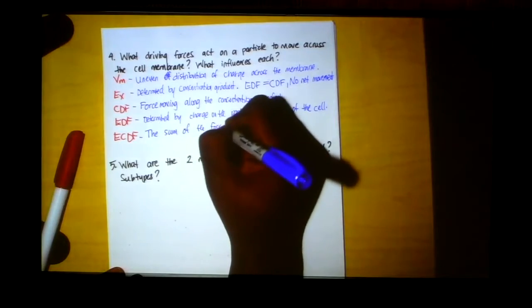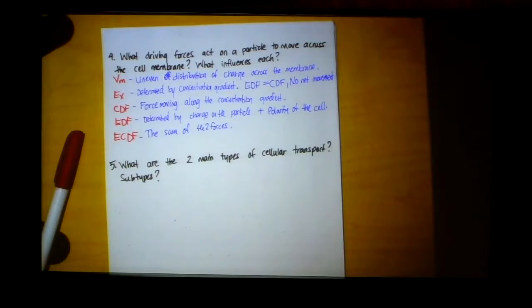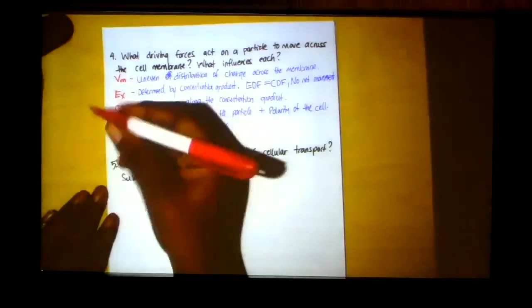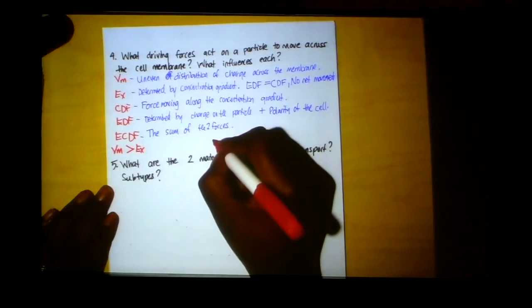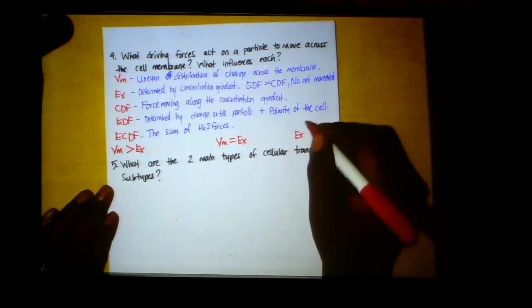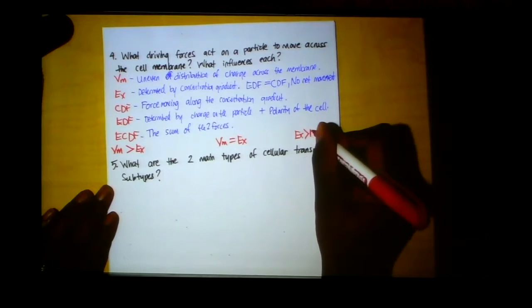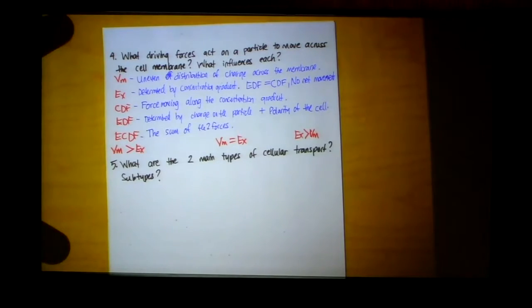Okay, now let's talk about our little flow chart that we did to determine the direction of the electrochemical driving force. And we talked about 3 different scenarios. We talked about if the membrane potential was greater than the equilibrium potential. We talked about if the membrane potential was equal to the equilibrium potential, and then if the equilibrium potential was greater than the membrane potential. Right?